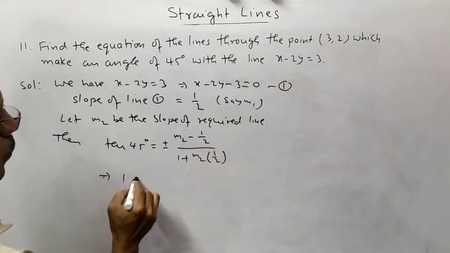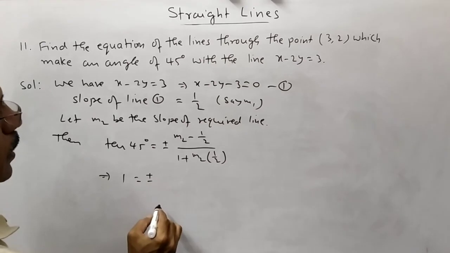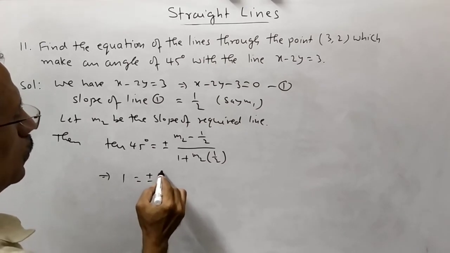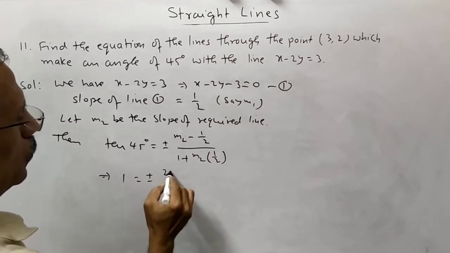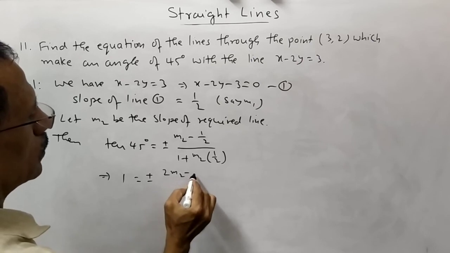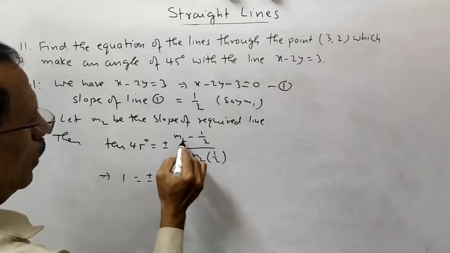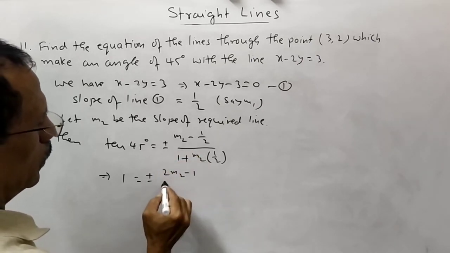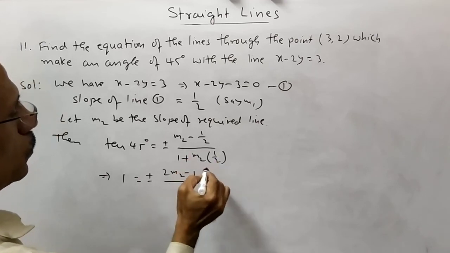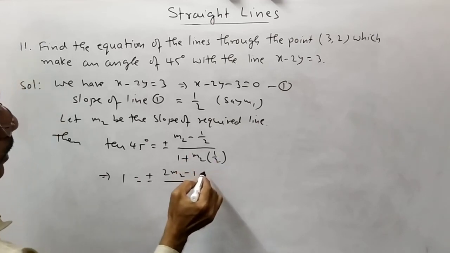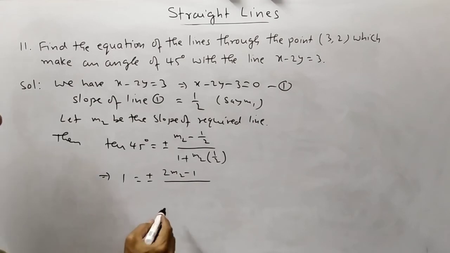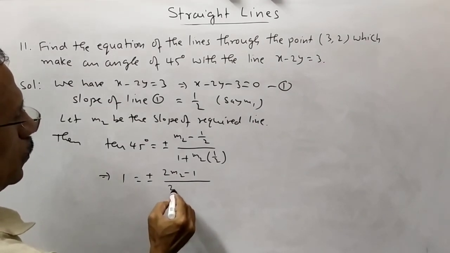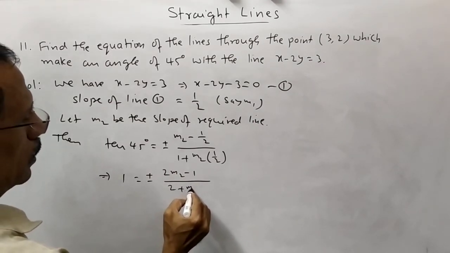This implies 1 is equal to plus or minus 2m2 minus 1 after taking LCM in the numerator. This 2 and denominator 2 will get cancelled, 2 plus m2.